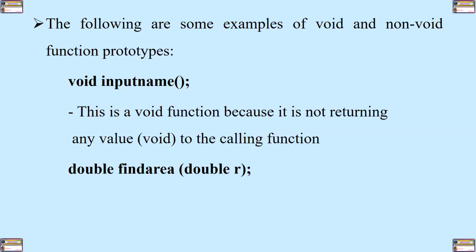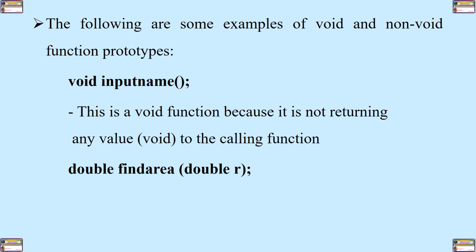We have another example, double findTheArea(double r). Now, what does this prototype do? This is a function prototype. It is telling the compiler that we have a function called findTheArea defined after main. And this function is going to be receiving a value of type double.